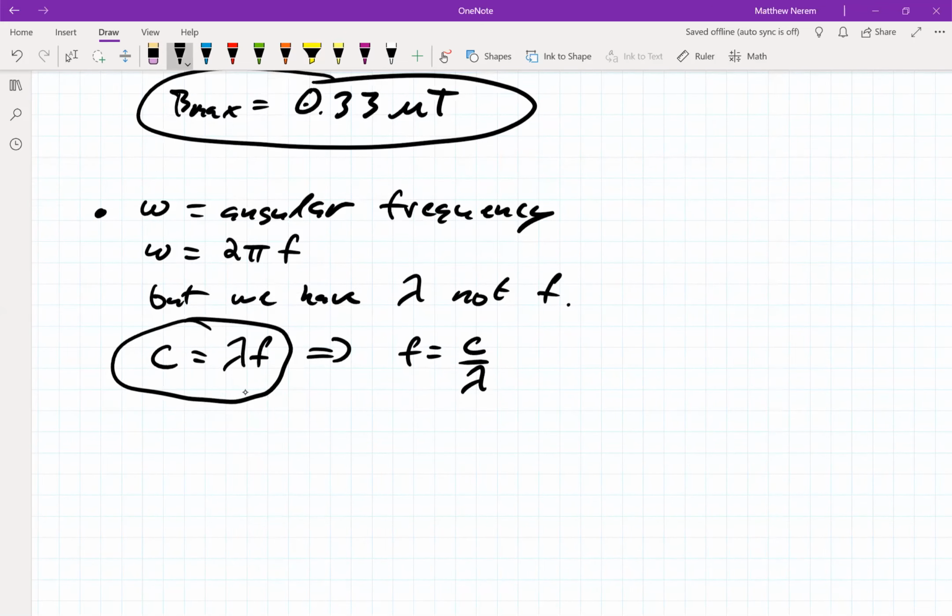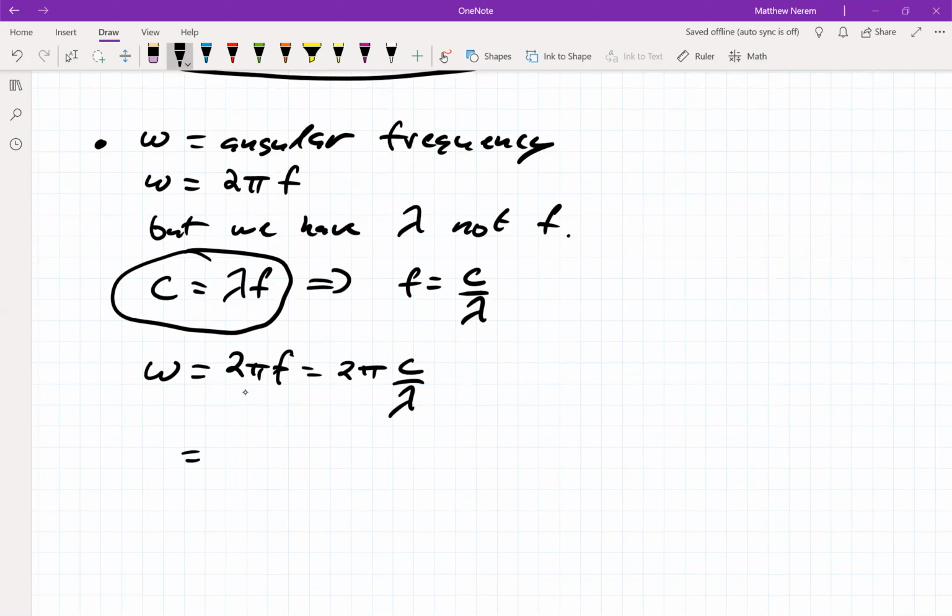Now just plug it into our omega. Omega is 2 pi f. I don't care what the frequency is, so don't waste calculator time crunching the numbers. Just plug it in. This is 2 pi f, then this is 2 pi c over lambda. So this translates to 2 pi times 3 times 10 to the 8th meters per second divided by our wavelength, 2.0 meters.